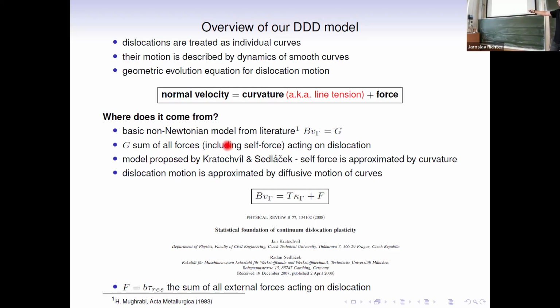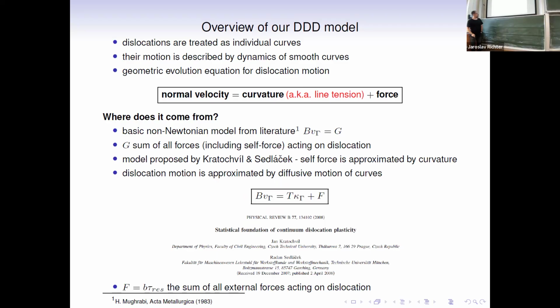However, in the model proposed by Honza Kratochvíl, they approximated the self force, which is quite complicated, by the curvature times a line tension coefficient. So they came up with such a model, which is very similar, for example, to the models used in image processing, crystal growth, and so on.